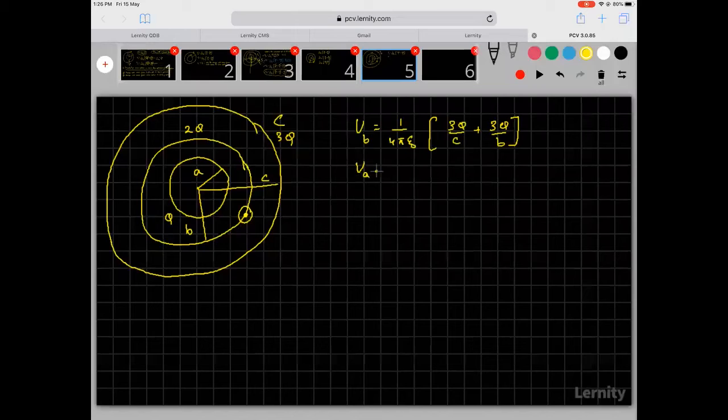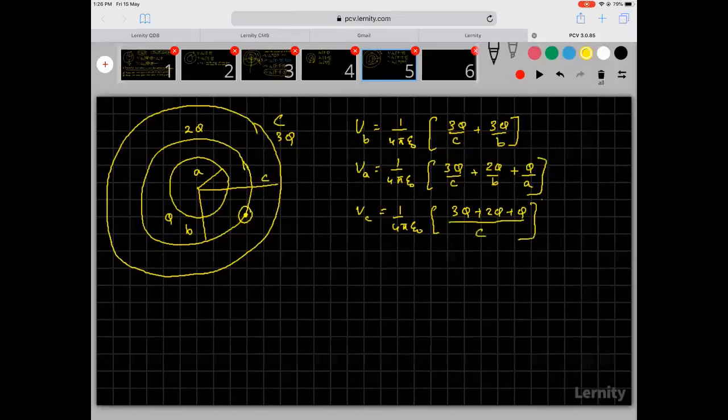Potential of the inner sphere will be 1 by 4 pi epsilon naught, 3q by c plus 2q by b plus q by a. Then obviously the potential of the outer sphere will be 1 by 4 pi epsilon naught, 3q plus 2q plus q by c. Okay.